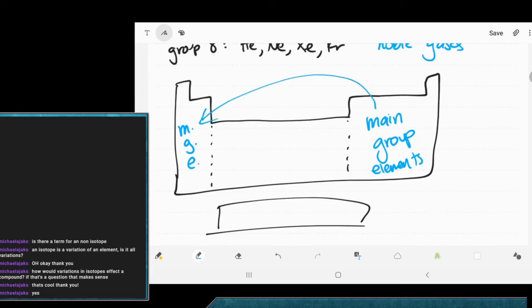These here are called transition metals. And these are called inner transition metals.